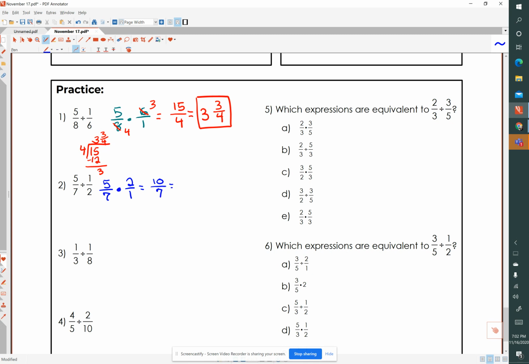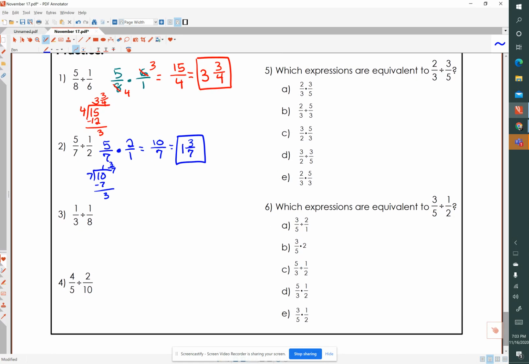But since we have an improper fraction, we can divide 10 by 7, which will be 1 times 7, 7, with 3/7 left over. So that will be 1 3/7. So try number 3 and number 4 on your own, and let's see how you can do with those.